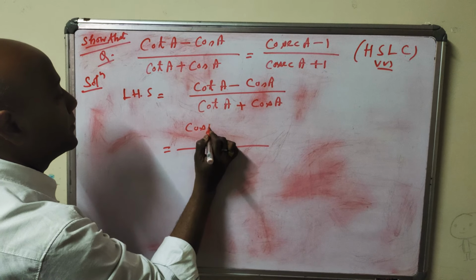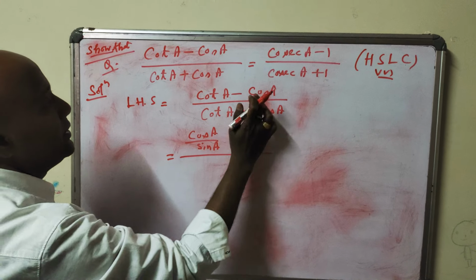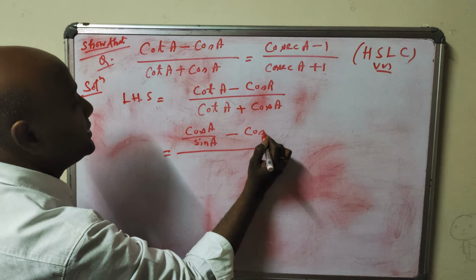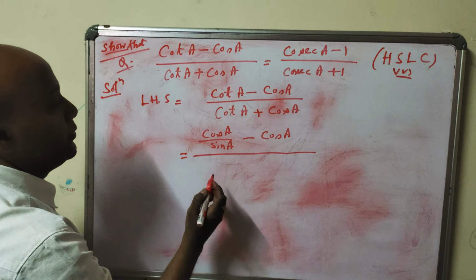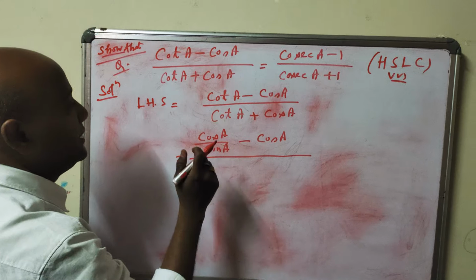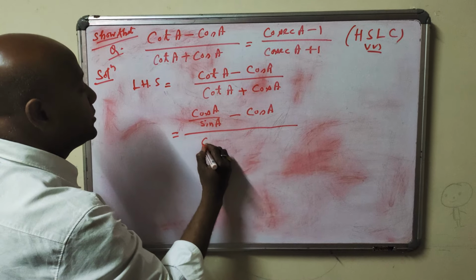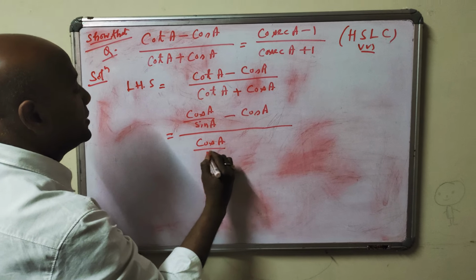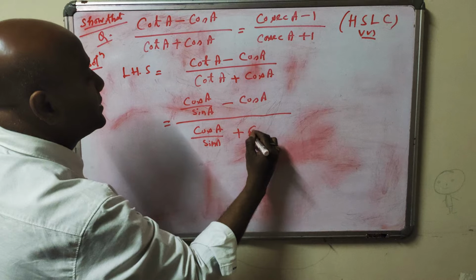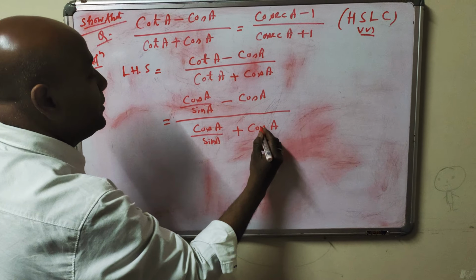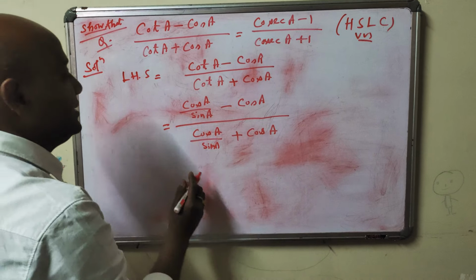Cos by sin is cot. Here is cos, so don't change it. We will take it as common later on. So cot is here, here is cos, so we break cot to cos by sin, minus cos A, and plus cos A. If you have not yet watched my video, go through all my videos, then you will understand what I am doing now.